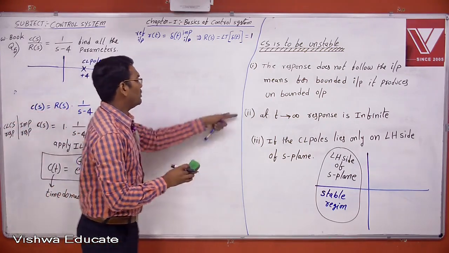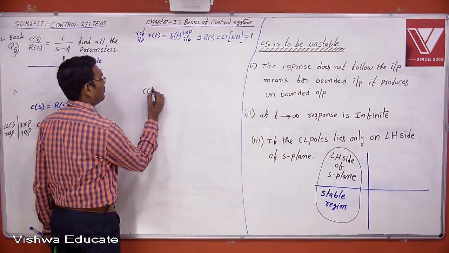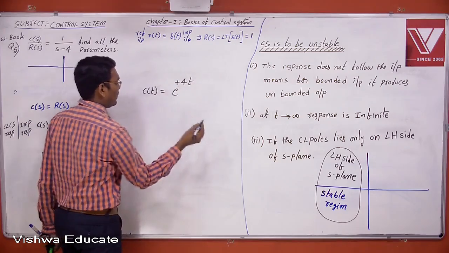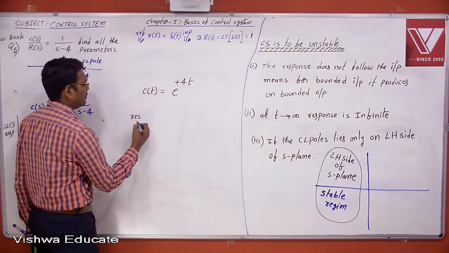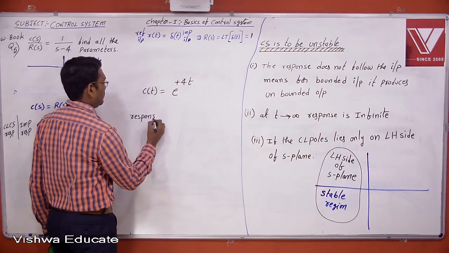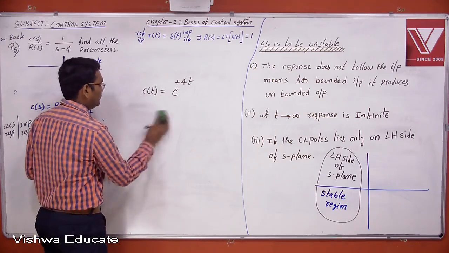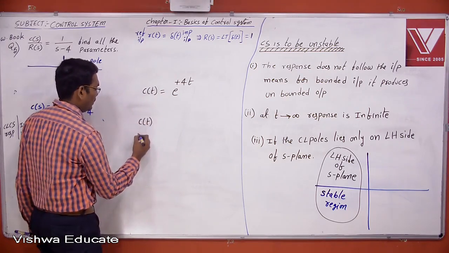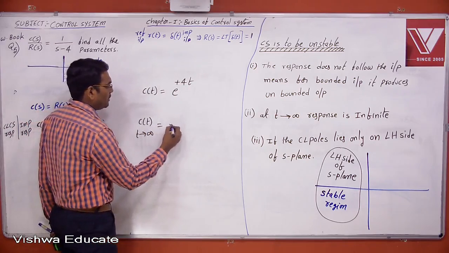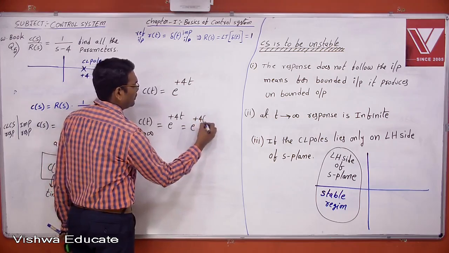Now this second point you will check in the same problem. What is the response? The response c of t is equal to e power plus 4t. Now see here, the response at t tends to infinity, c of t at t tends to infinity, which means e power plus 4 into t is infinity.